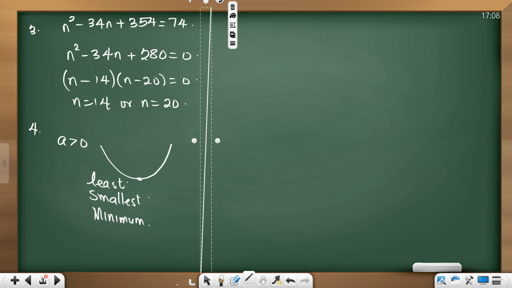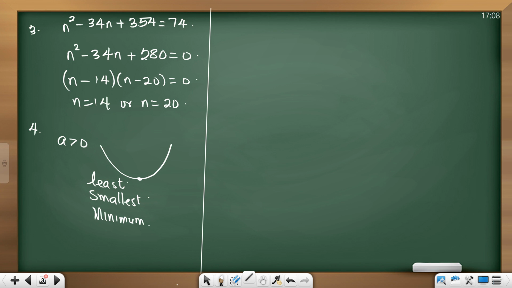Derived. Beautiful. There are 4 ways of getting your answer here, or 3. You can complete the square. You can derive. 2a. And from here, can I predict something? Minus 14 minus 20 divided by 2.